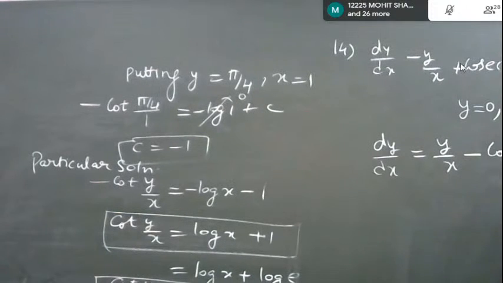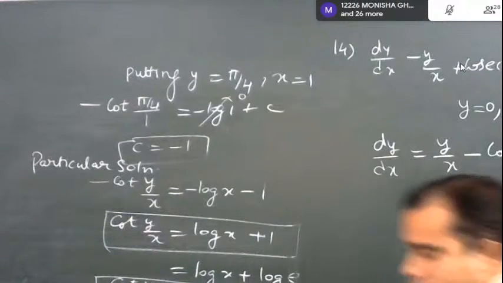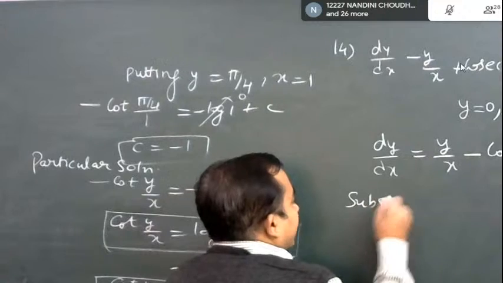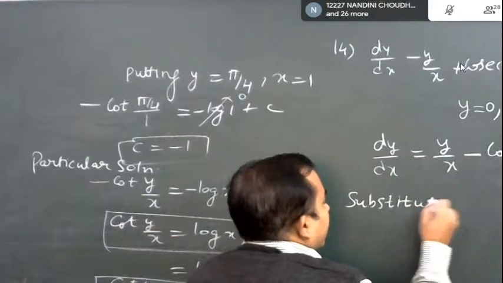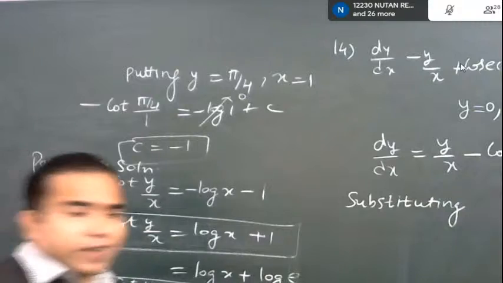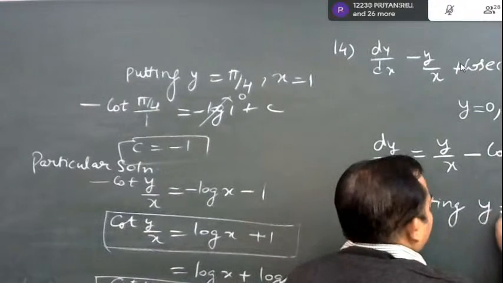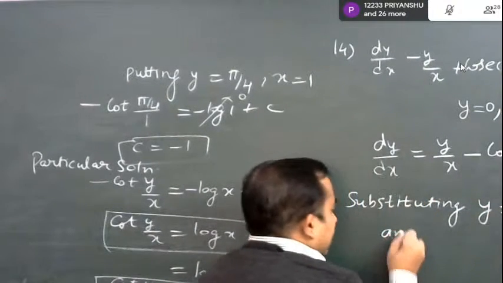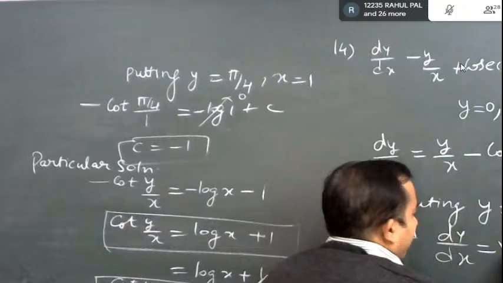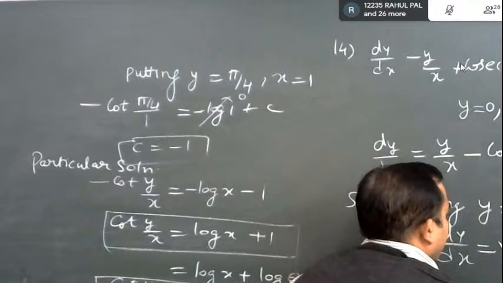Now, this is purely a function of y upon x, so it is a homogeneous differential equation. We will apply that method. Substituting y equals vx. In all the questions of this exercise, the method to solve is putting y equal to vx and dy upon dx equal to v plus x dv upon dx.